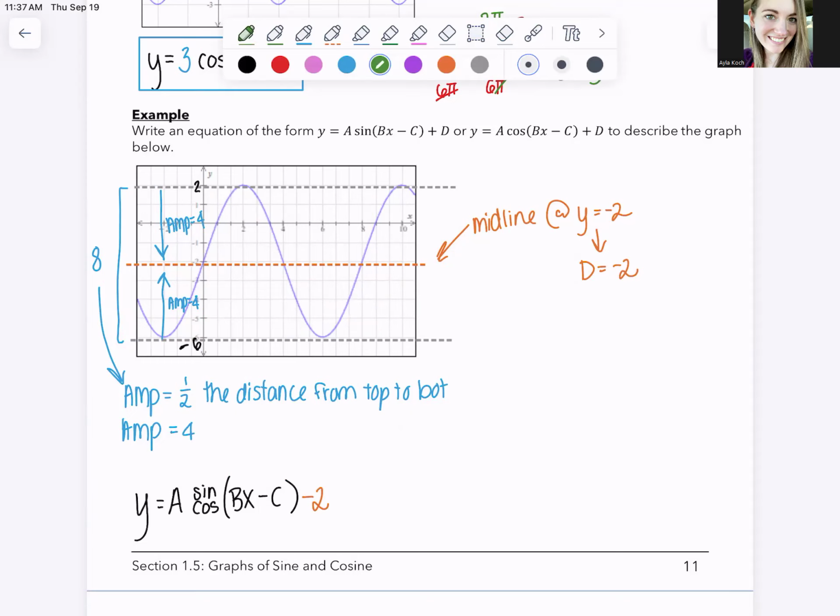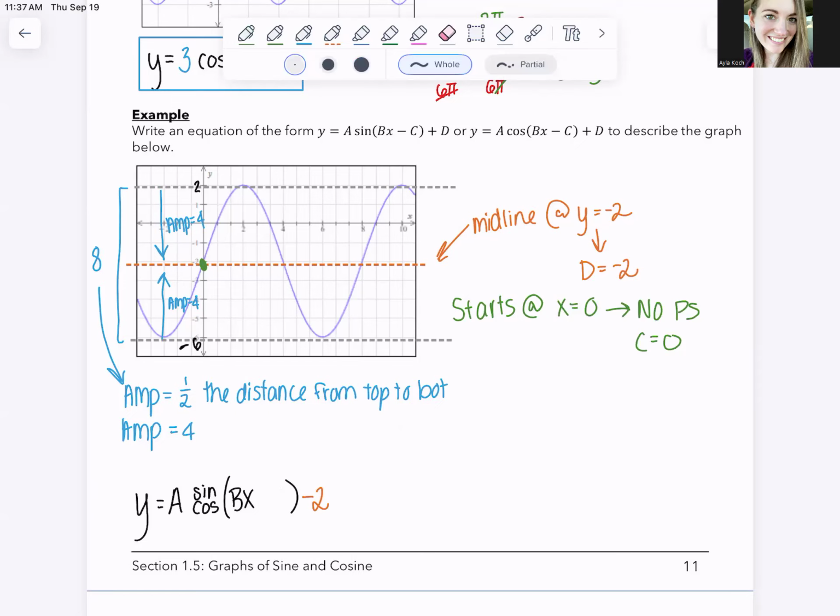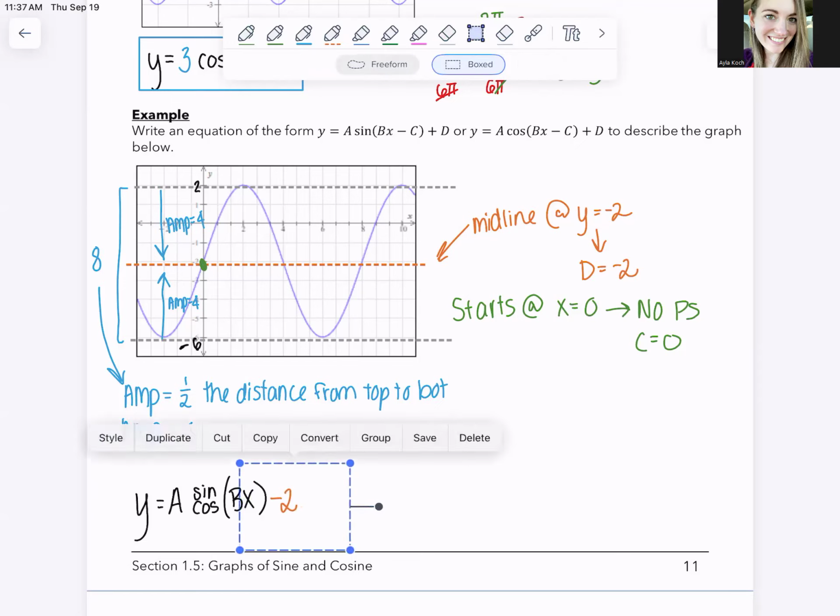We're going to call this starting at the y-axis, so it starts at x equals 0, which is the y-axis, which means there's no phase shift. And if there's no phase shift, that means that c is equal to 0. So c doesn't exist. Just erase it down here. Boom.